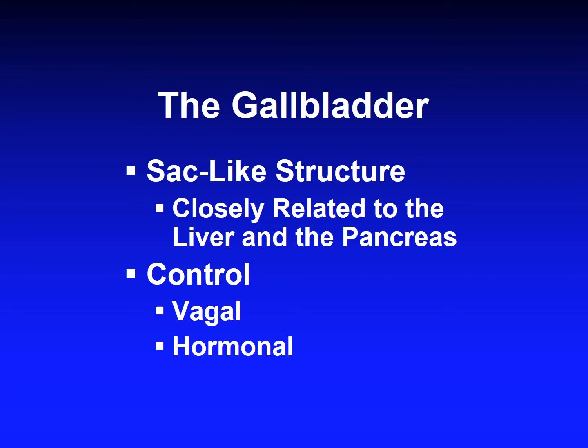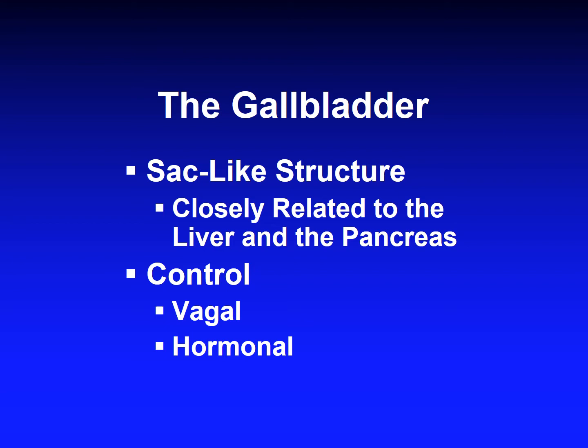The contraction of the gallbladder, if you remember when we talked about the gastrointestinal hormones, I talked about the cholecystokinin gut hormone, which in Latin means the contractor of the gallbladder, and that's where the original name came from in 1928.